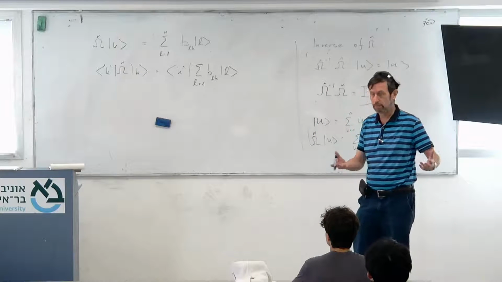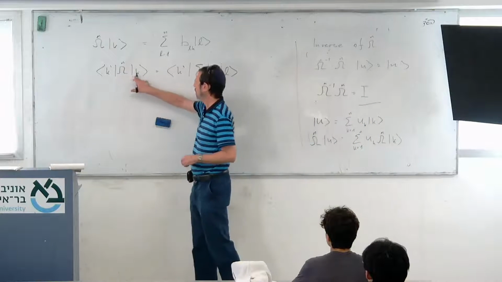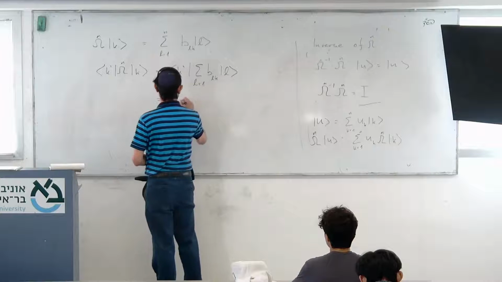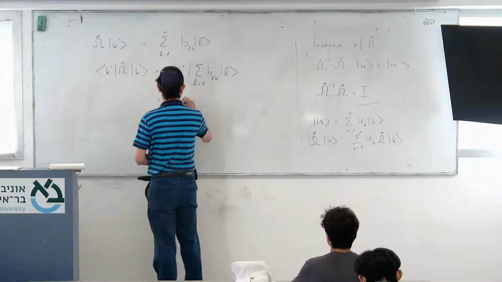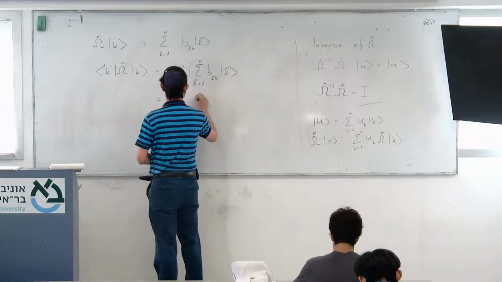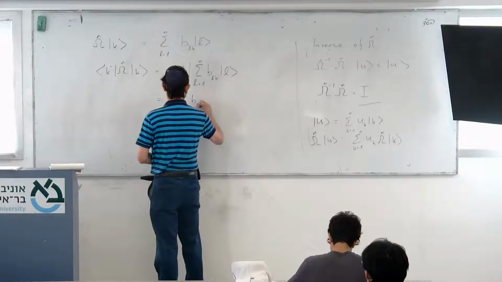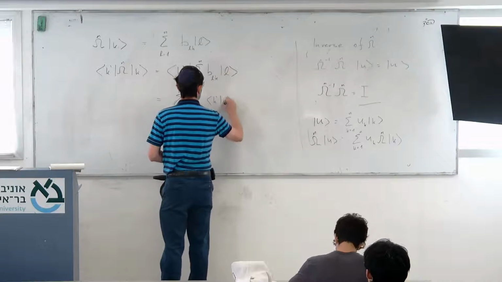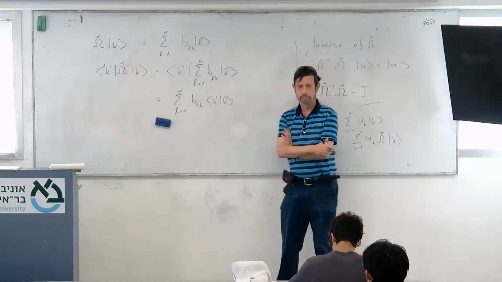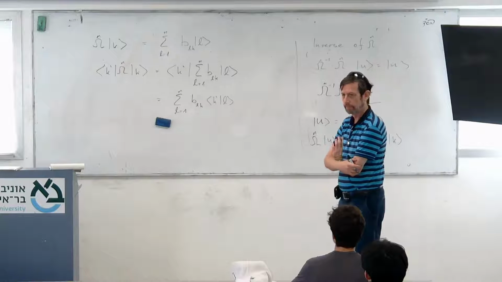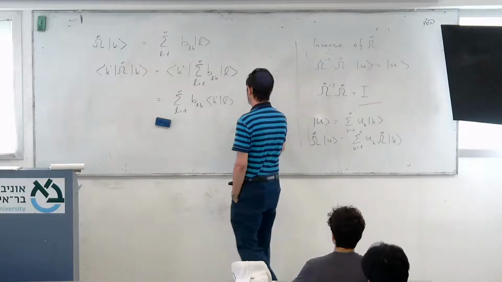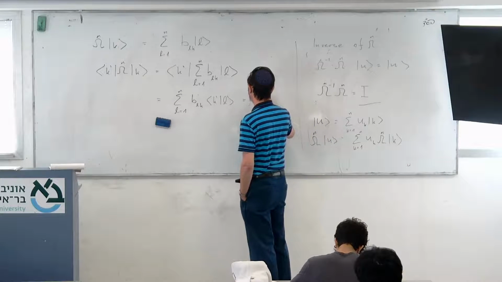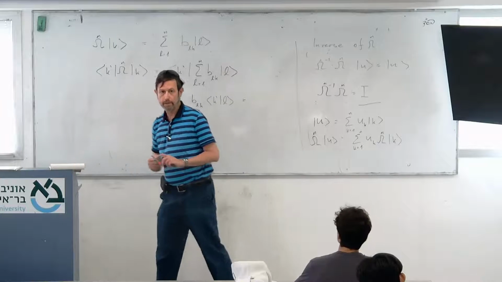Right? Just copy the definition of omega times k. This is our beloved delta function.